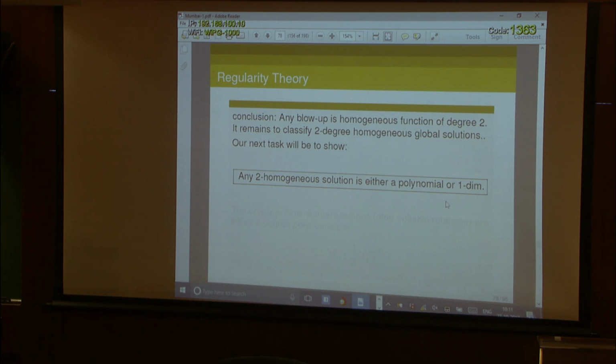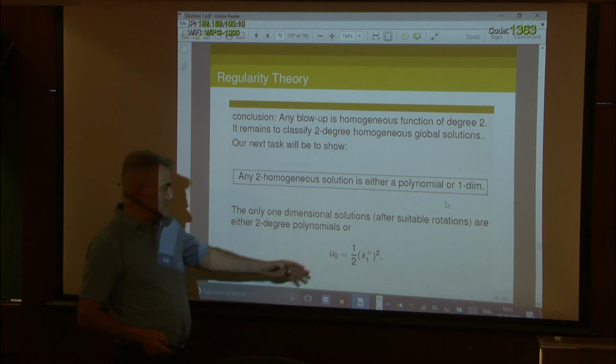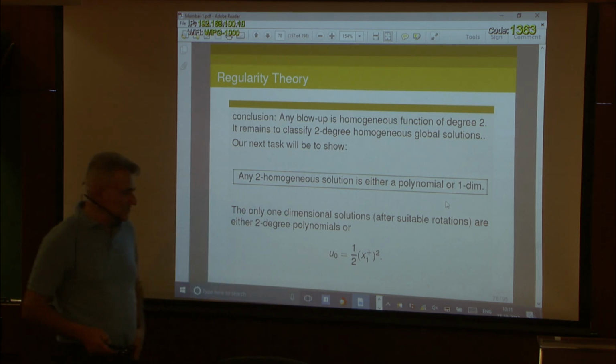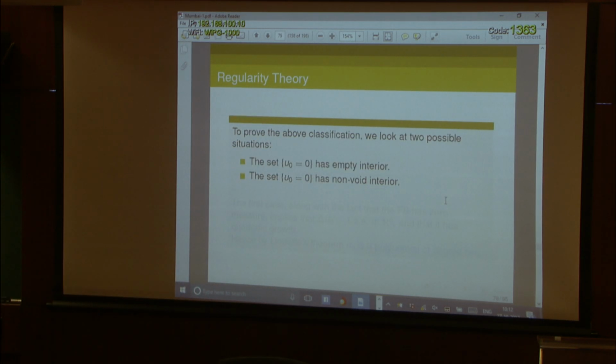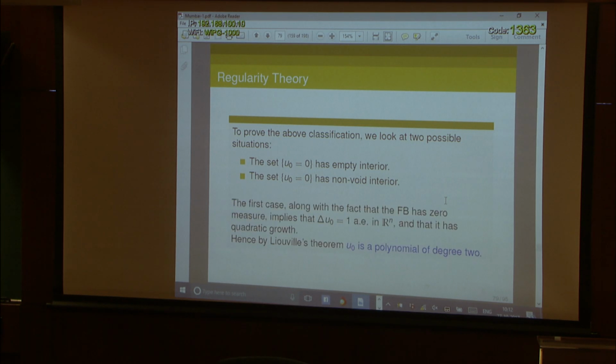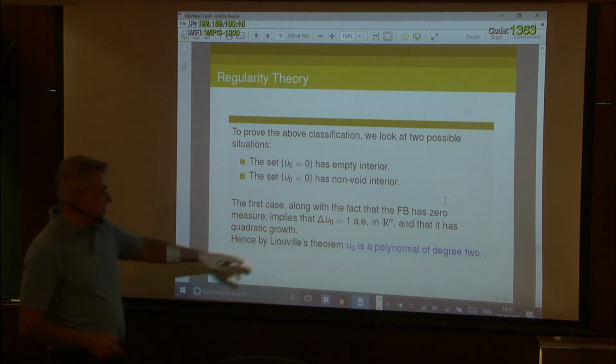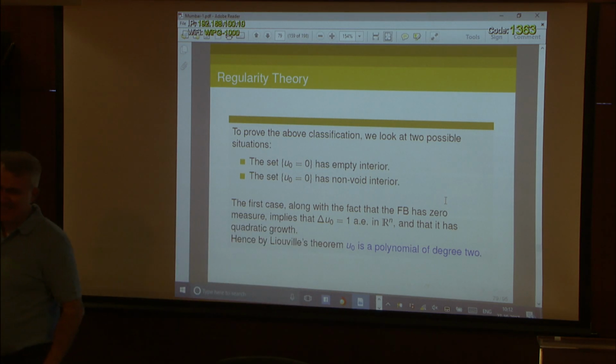So let's see how it works. So the solution would be something like this, or it will be a polynomial. This is sort of half polynomial. Okay, so this is changed finally. Laplacian of u0 is 1.